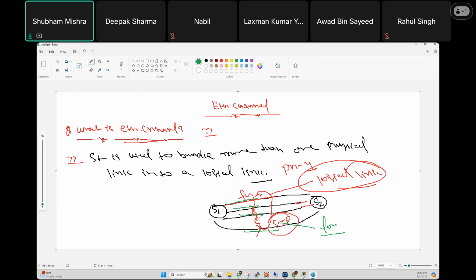Because physically 4 links are connected, if you get all the 4 links in the forwarding state, then you will get the maximum efficiency. So EtherChannel will make all the 4 links be in forwarding state, not in blocking state. Are you clear, everyone?